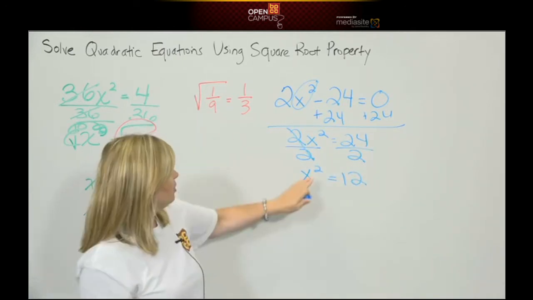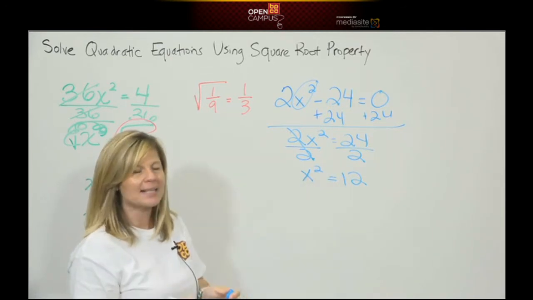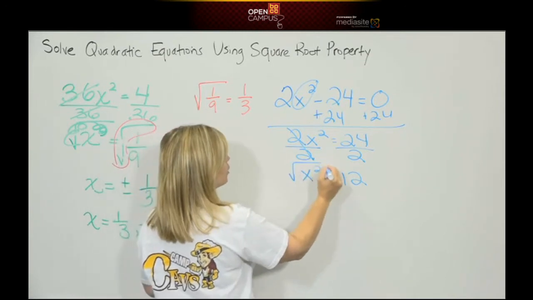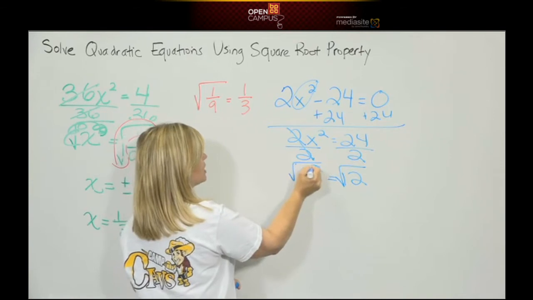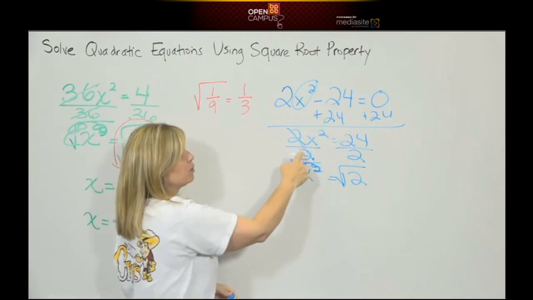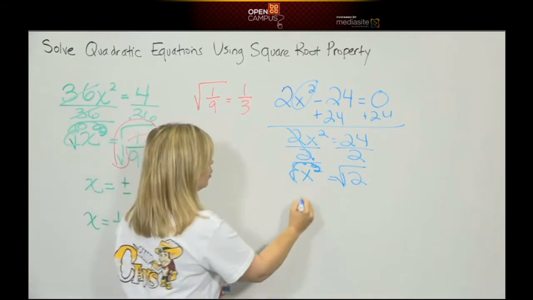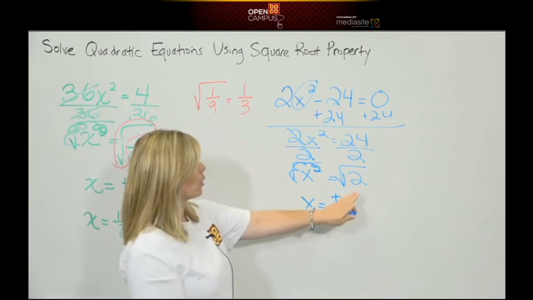So again, this exponent only belonged to base x. So that's why we isolate it. Now to get rid of a square, we do the inverse operation. We square root. Squares and square roots cancel out, just like add and subtract cancel out, just like multiply and divide cancel out. We get x equals, you're going to put a plus or minus, and then we're going to talk.